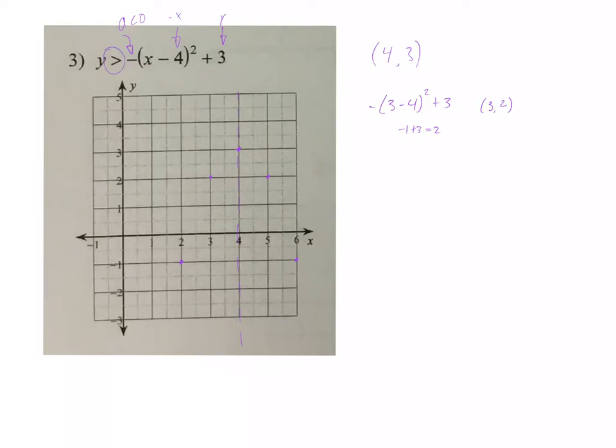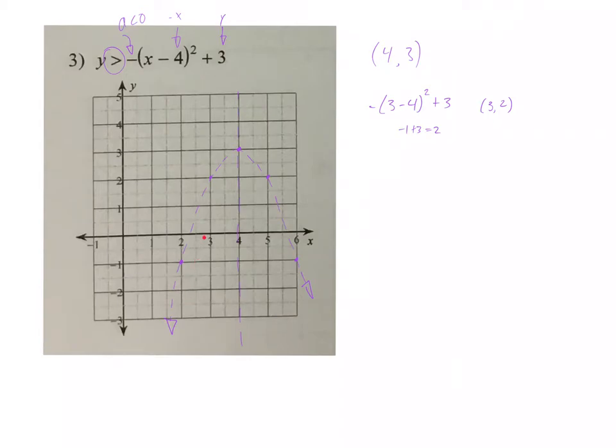Now, the only thing that's changed is I'm going to use a dotted line versus a solid line because it just says greater than. So I'm going to do something like this. Now I've got to figure out, am I going to be graphing above this or below this? The thing about y is greater than that line, really we have two different areas.